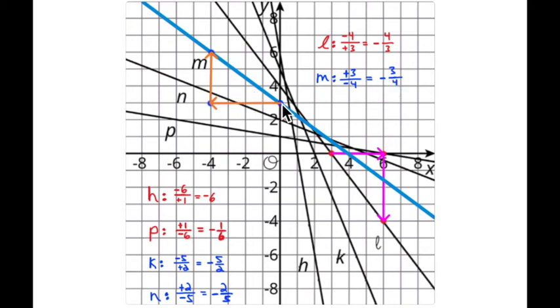Now, I could have chosen to go up 3 units first, positive 3, 1, 2, 3, and a negative 4, 1, 2, 3, 4 along the x-axis.